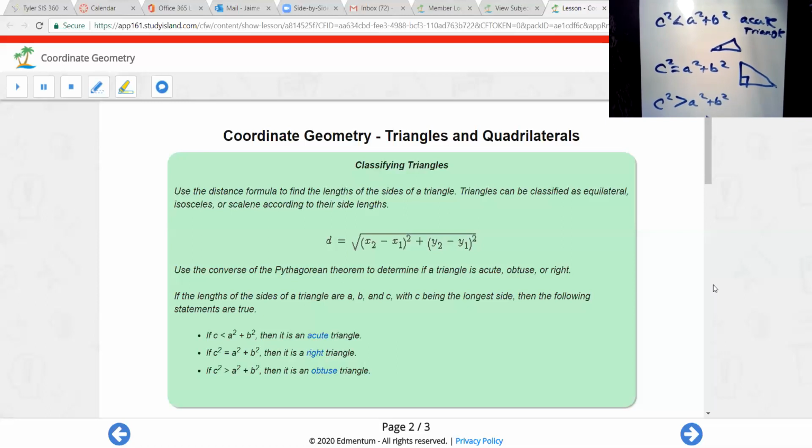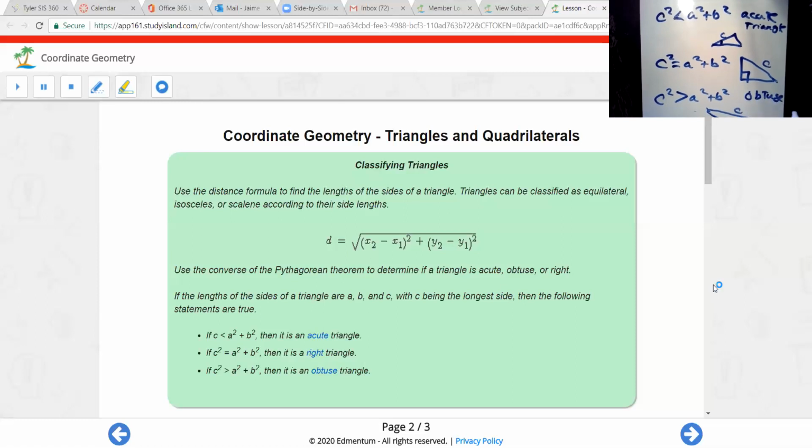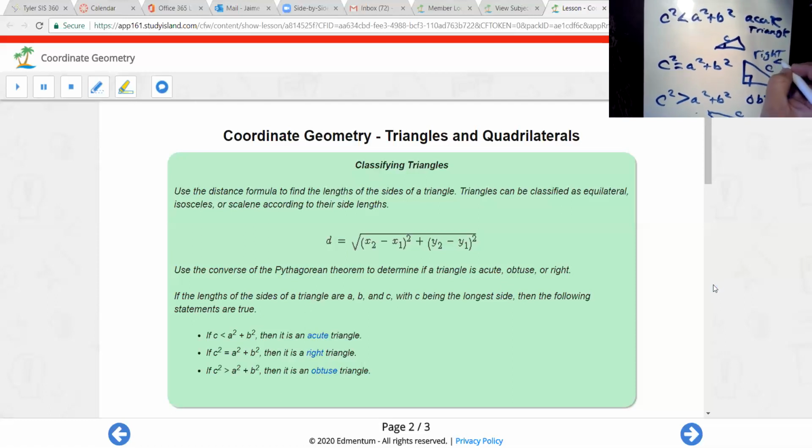Then the triangle kind of looks like this, that being C. So, as you can see, here at the bottom example, that would be obtuse. Over here would be a right triangle.